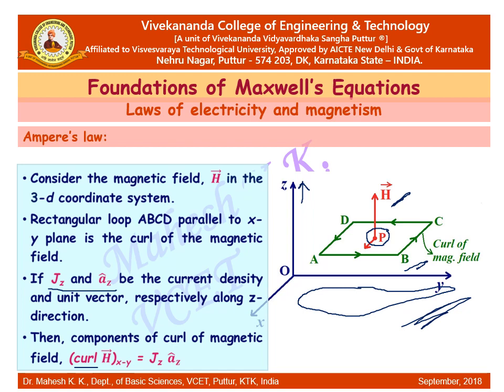Mathematically, curl H in the XY plane is equal to JZ AZ. Now you see that the left hand side corresponds to H, which is a magnetic parameter, and the right hand side corresponds to J, the electric parameter. So the magnetic parameter is in the XY plane, but the electric parameter is along Z.